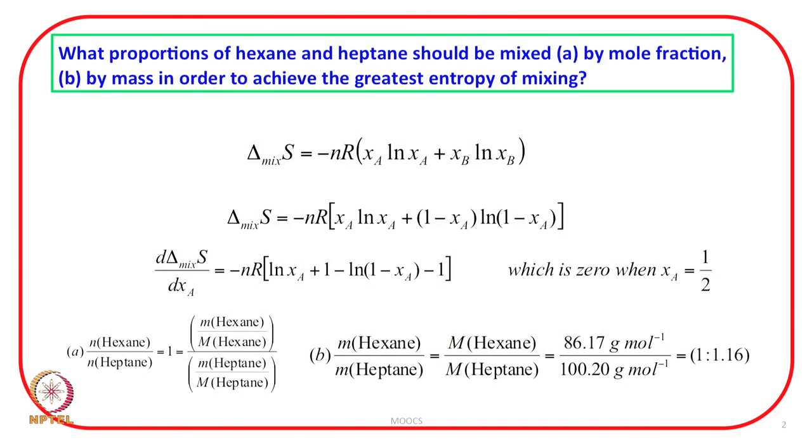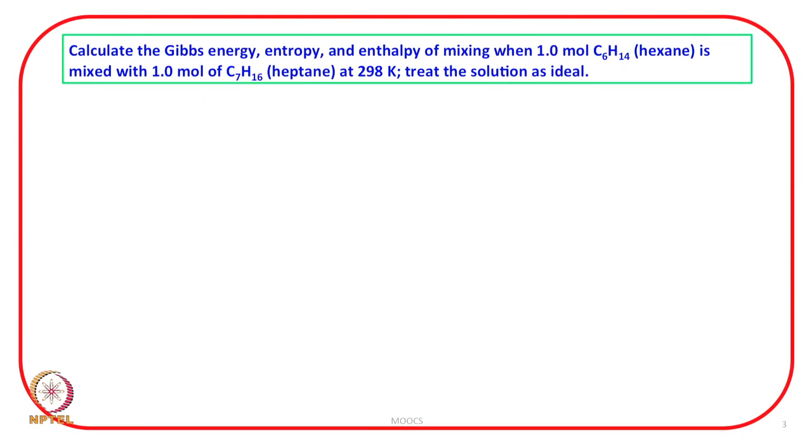So, to solve this kind of question, what we need to know is first the expression for the entropy of mixing, and then what the value of mole fraction should be under the given conditions. Let us take up another, similar question.